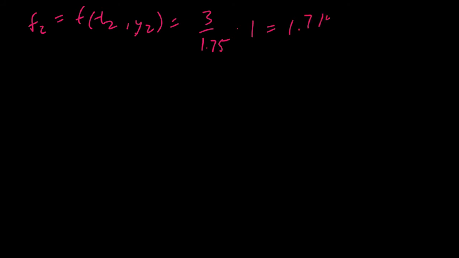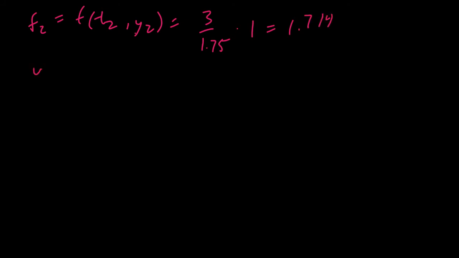Now for one last iteration of this problem, we compute the slope at y2, which is f2, equal to f(t2, y2), which is equal to, from before, 3 over 1.75 times 1, which is equal to 1.714.